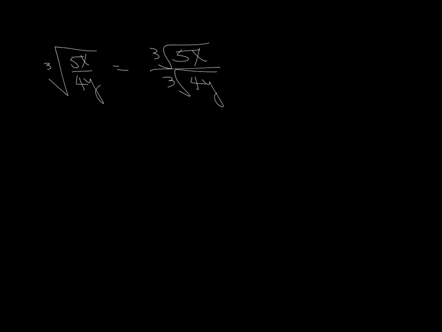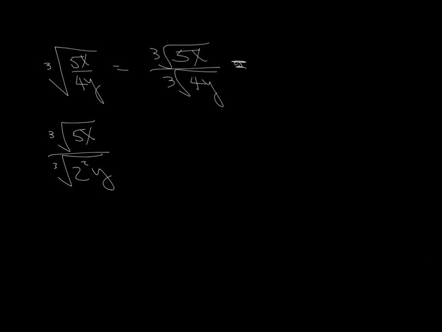So what we're going to do here is figure out what we can do to get rid of this radical down here. So I'm going to change the, let's do it down here, cubed root of 5x, and I'm going to change the 4 to a 2 squared y.